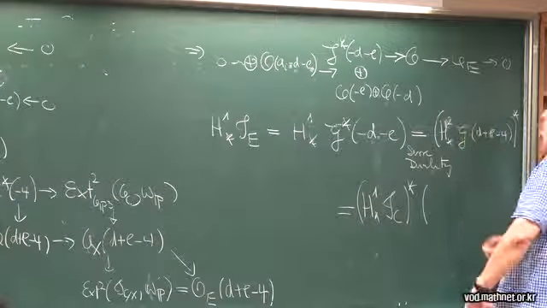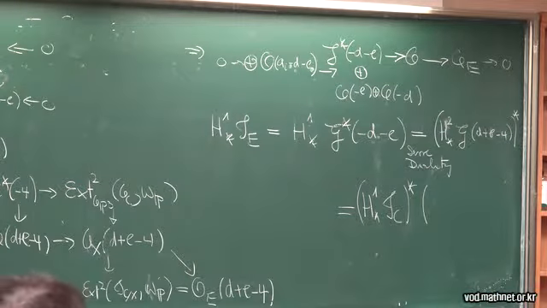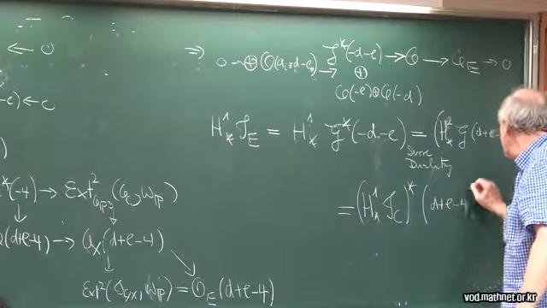I leave this here. It's twisted by D plus E minus 4. I twist this module.